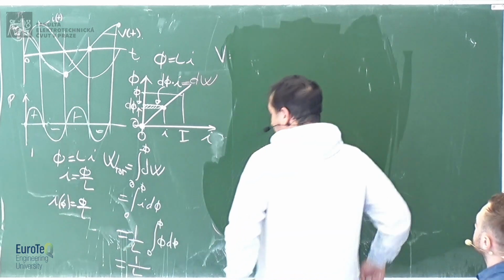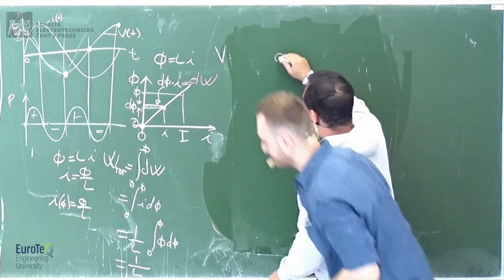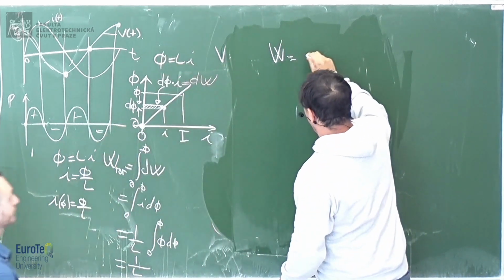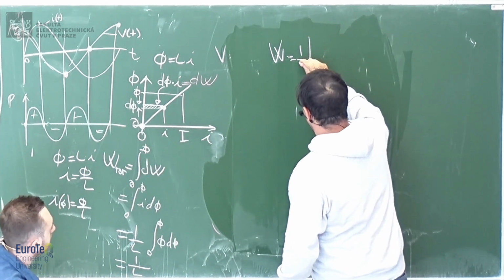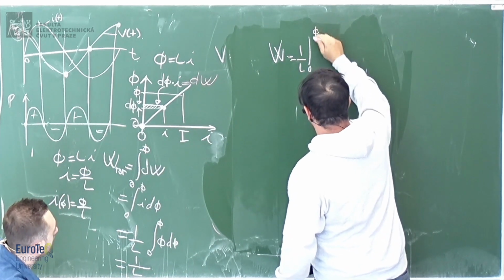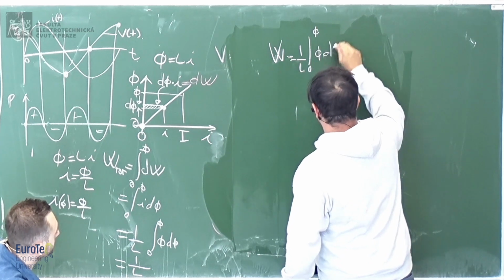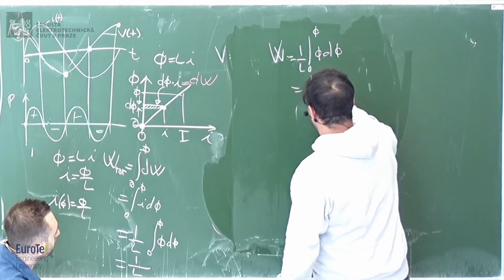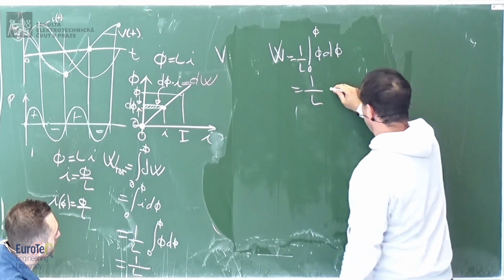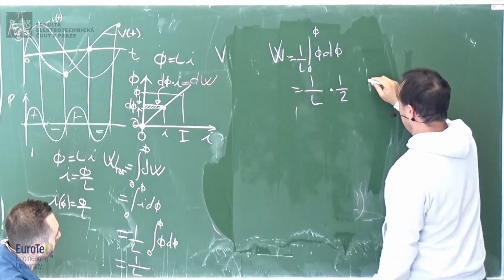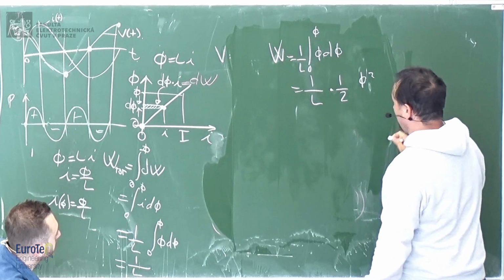So the total work will be 1 over L, the integral from 0 to phi of phi d phi. Which means it's 1 over L times 1 over 2 of phi squared.